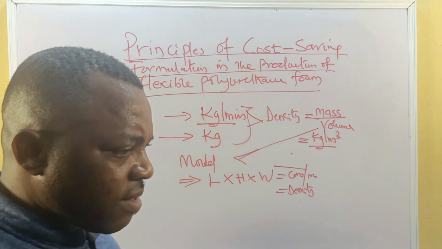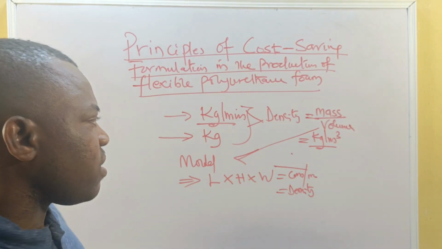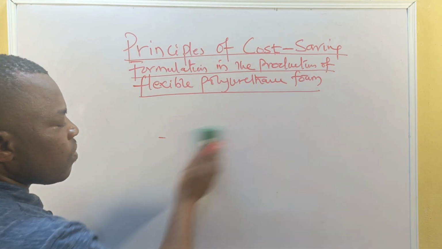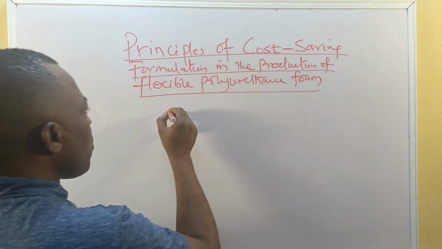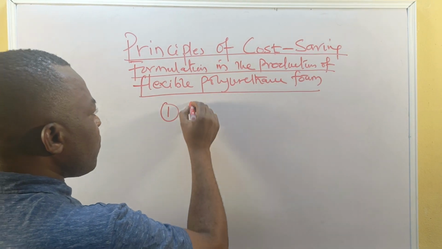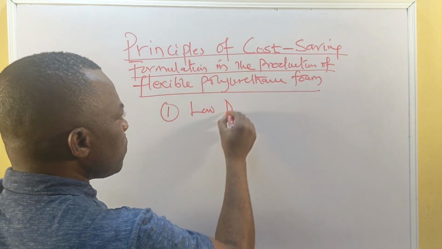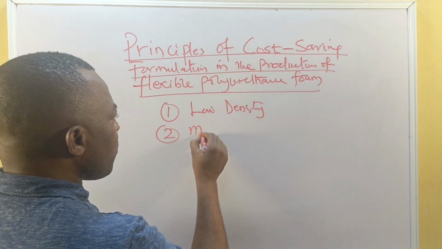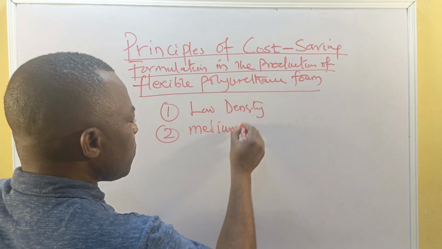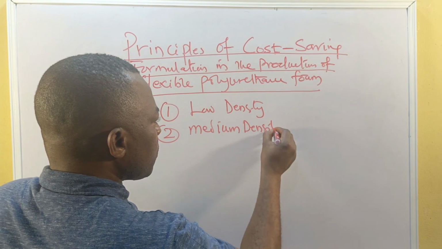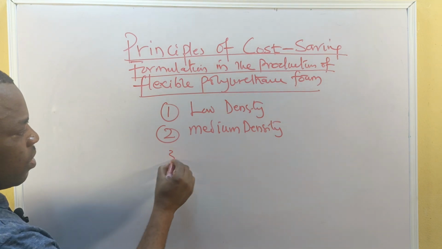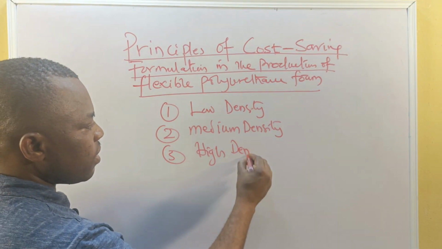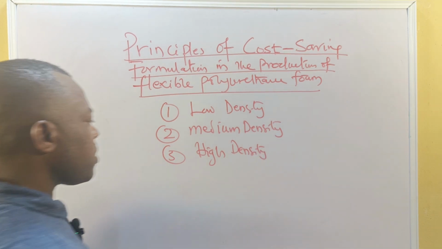And in this density, there are different classes of foam density. One, we have low density. Two, we have medium density. And three, we have high density.